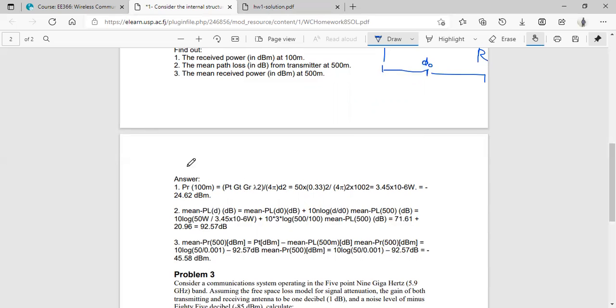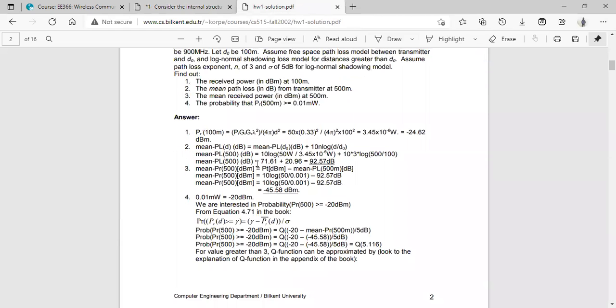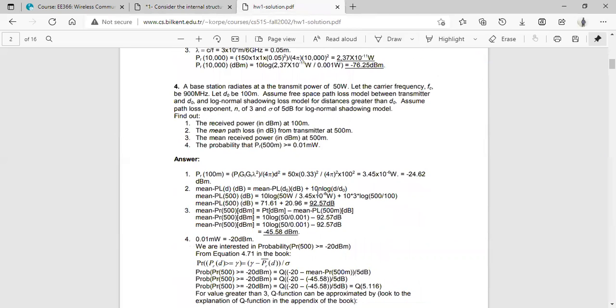Since you can see this solution is quite messed up, I'll use this solution over here. This one is quite properly written. It is similar to our problem, but part 4 is not part of our tutorial here. So I'll use this particular solution to explain ours.